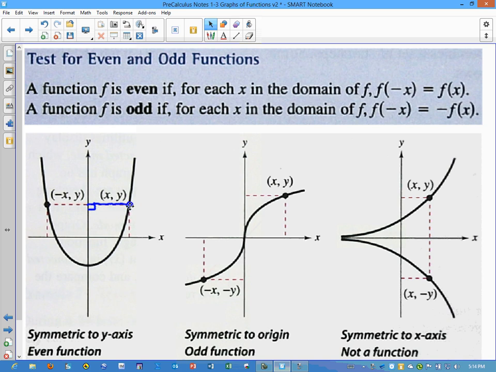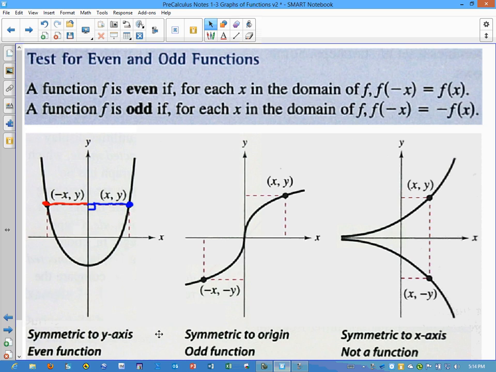So if you take any point and drop a perpendicular to the y-axis, because that's what we're symmetric with respect to, then you would take this segment and continue it that same distance through the axis, and you're going to arrive at its corresponding point. This is the left-right symmetry that we're talking about, which makes it an even function.